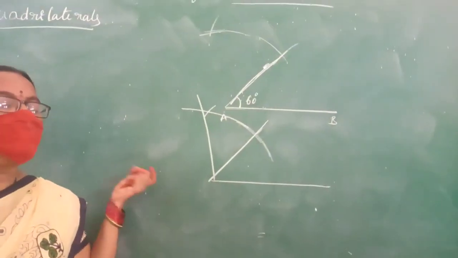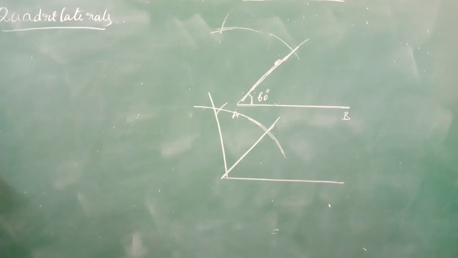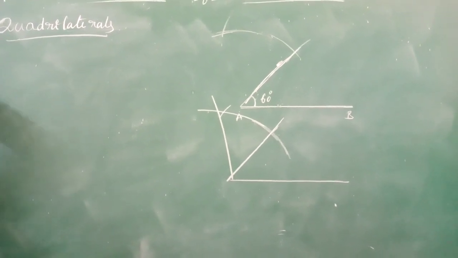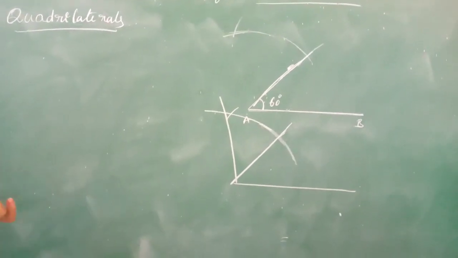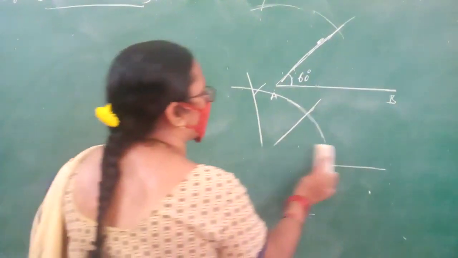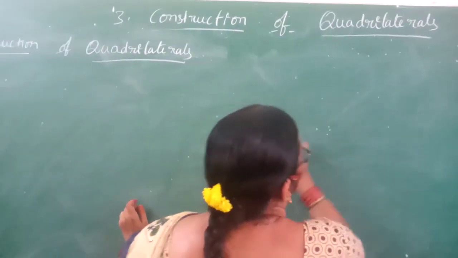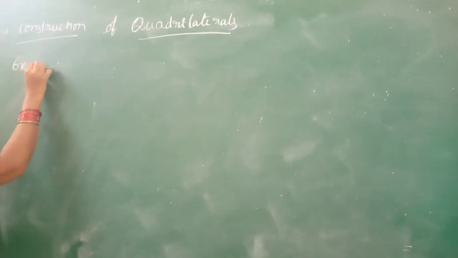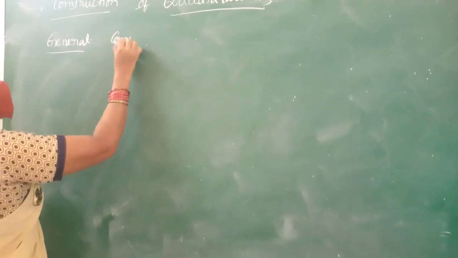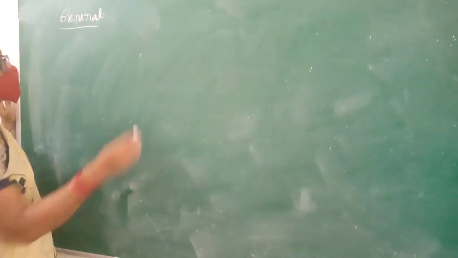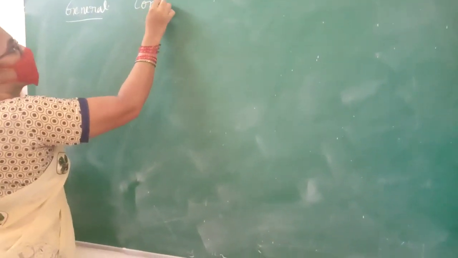Okay, now for this construction we can write the steps, general steps. What are the general steps of construction of quadrilaterals?